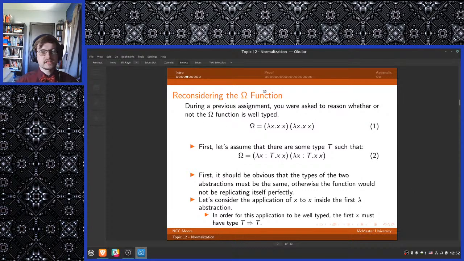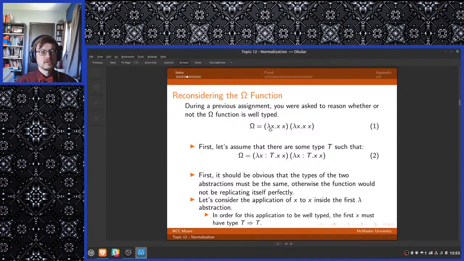So, let us reconsider the omega function. During a previous assignment, you were asked to reason whether or not the omega function is well typed. Just to remind you, this is what the omega function looks like. It's two terms. The two terms are the same, and you apply the one term to the other. Essentially, this is applying a term to itself.